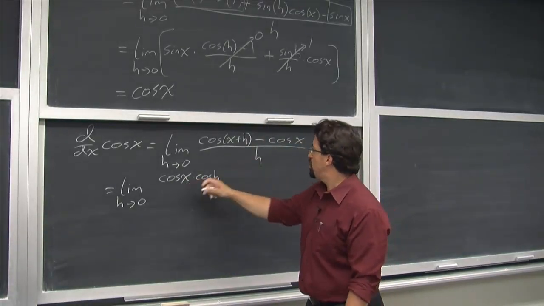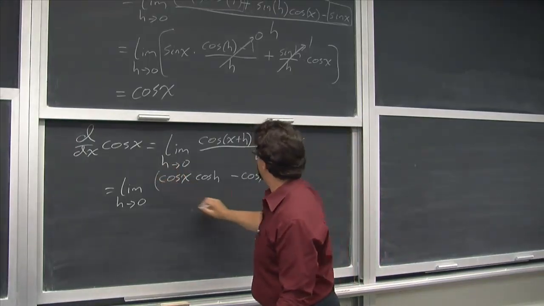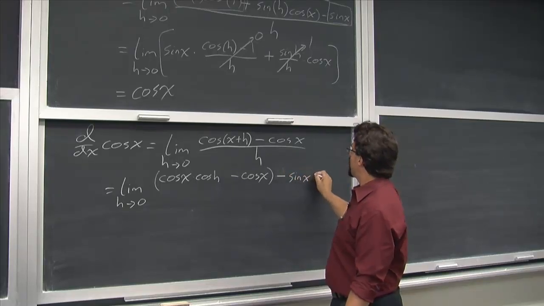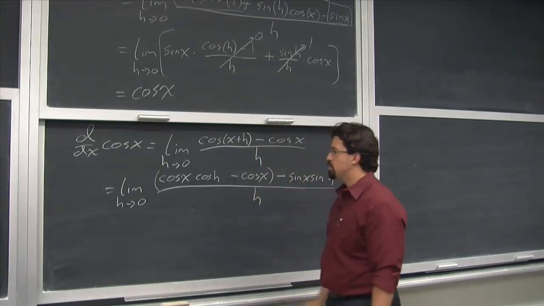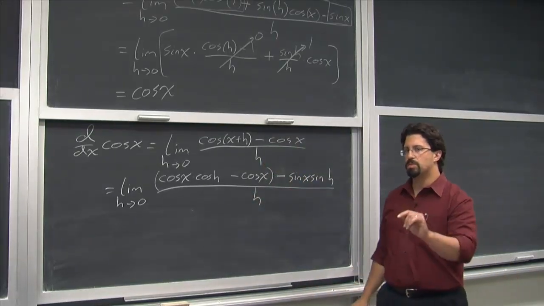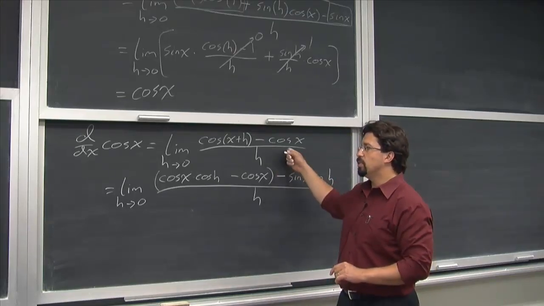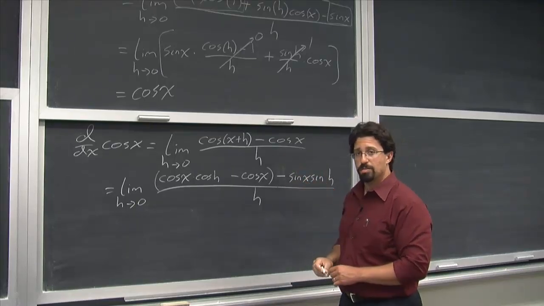But already I've got a cos of x. So I'm going to put the minus cos x over here, minus sine of x sine of h, all divided by h. Right? Skip the step, but notice why, notice how, and see if you can justify the way I went from here to here. See if you can fill in the line that I was missing.